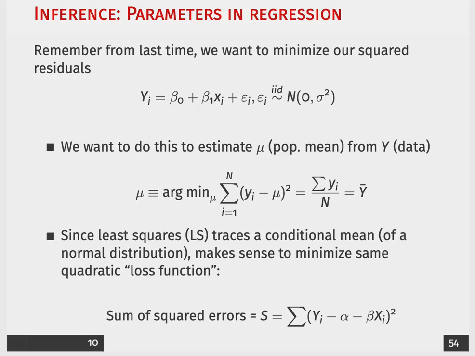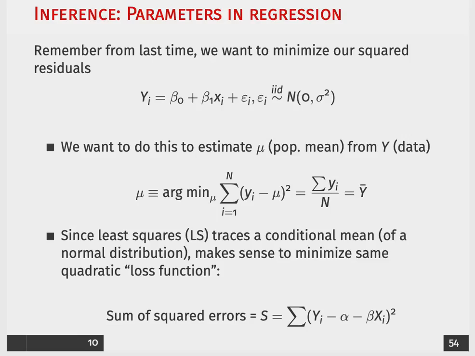So when we express the sum of squared errors, we can do that using our fitted regression line, which should make sense, right? We want to minimize the distance between what we observe and what our model is going to predict.